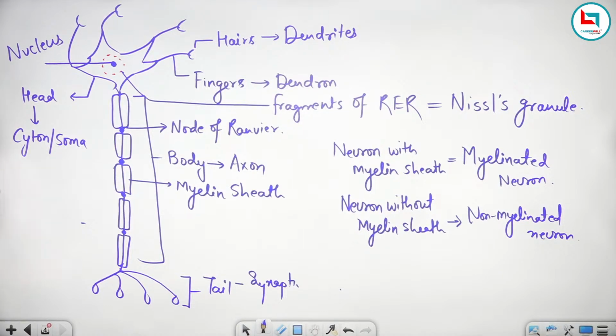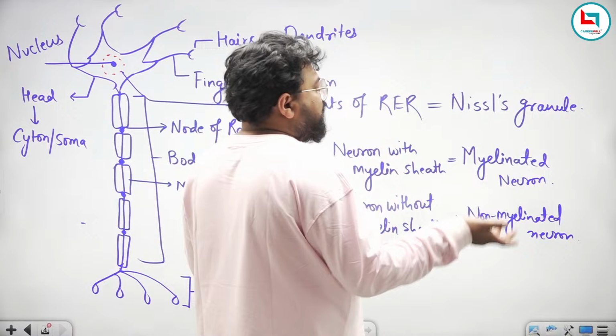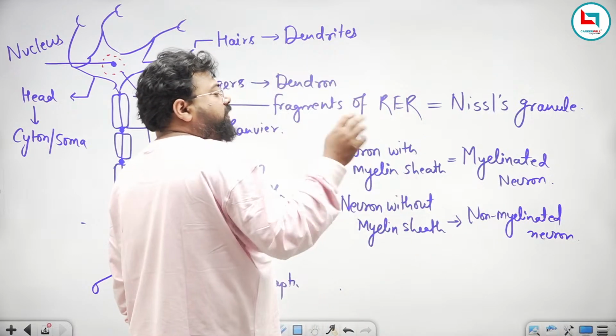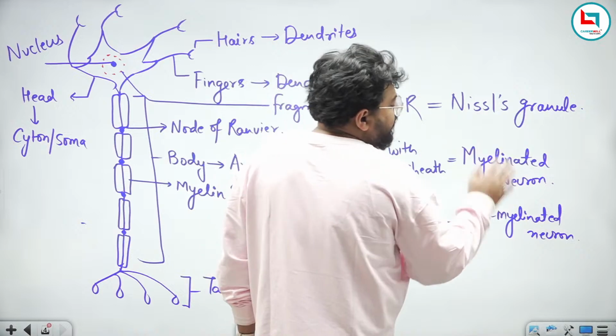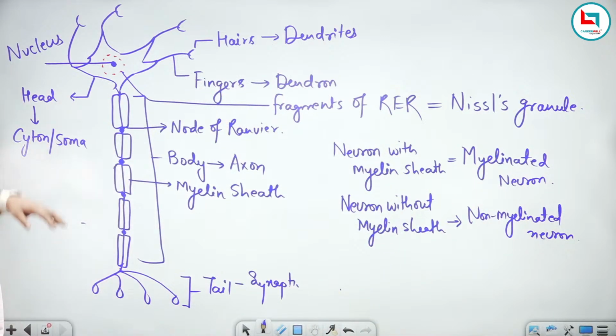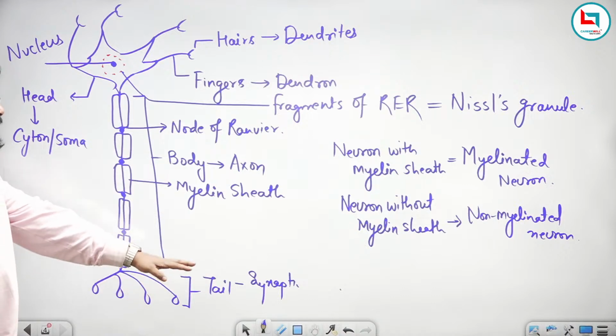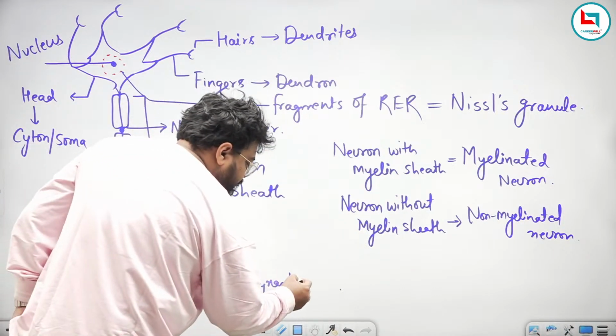The body or the axon is covered by a sheath known as myelin sheath. In our nervous system, many neurons contain myelin sheath. Such neurons are known as myelinated neurons, while many neurons are without myelin sheath. Such neurons are said to be non-myelinated neurons, and the tail is said to be the synaptic knob.